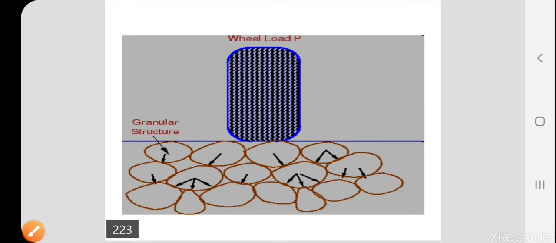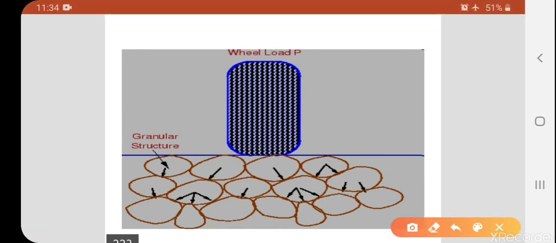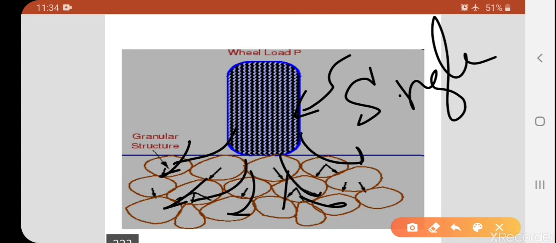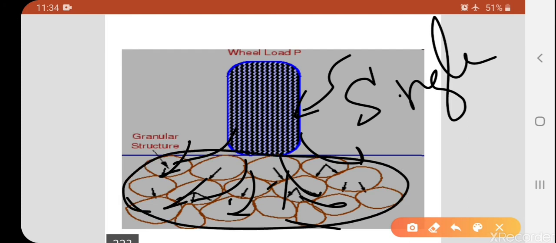Next, wheel load, nothing but a wheel moving. Assume this is a single wheel load. The load is transferred gradually through the granular structure of stones or aggregates provided below the wheels.